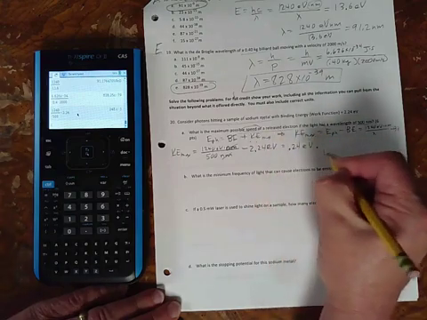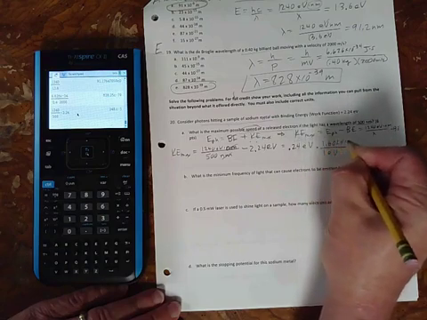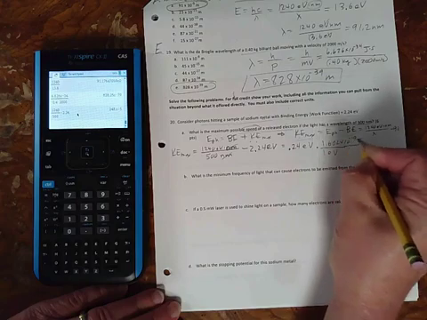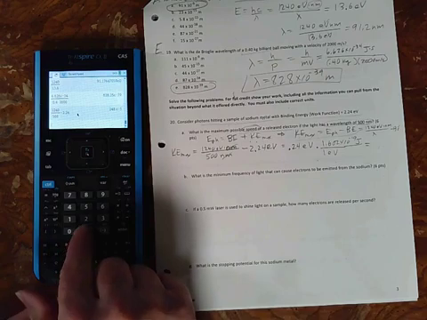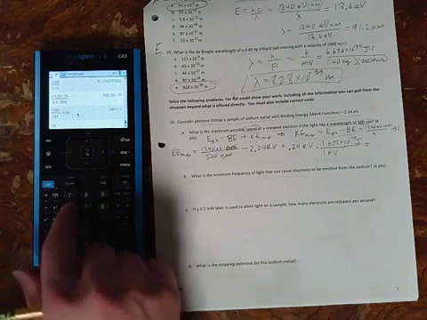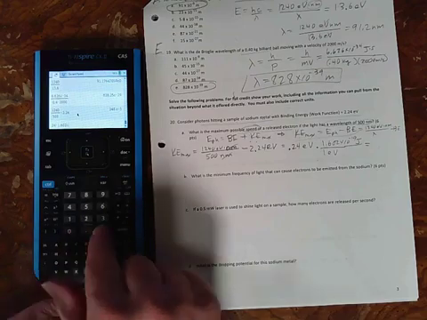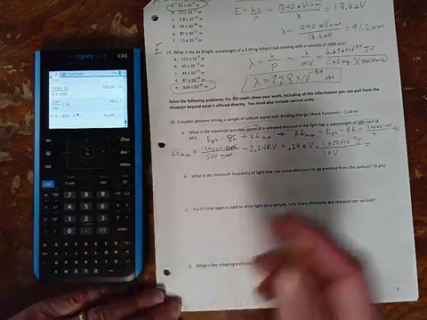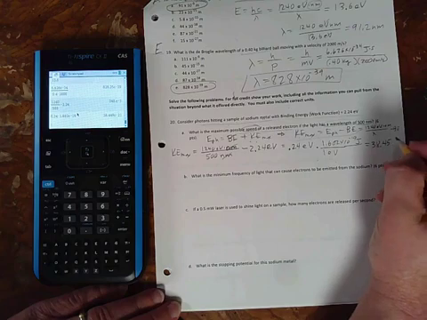So 1 eV is 1.602 times 10 to the negative 19 joules. And so our KE max in joules is 0.24 times 1.602 times 10 to the negative 19, which is 38.45 times 10 to the negative 21 joules. We'll just keep one extra sig fig for a minute.